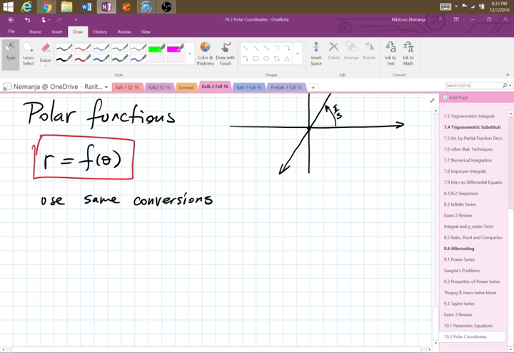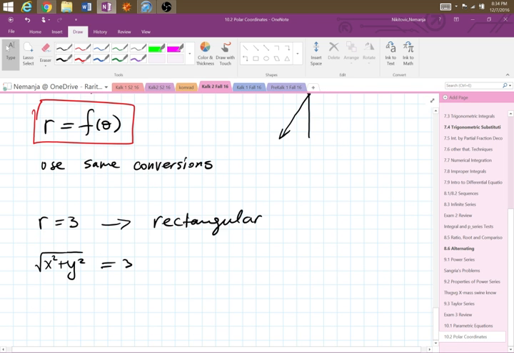So how do I convert the function r equals 3 into rectangular? Well, I know that r is the square root of x squared plus y squared. I plug that in, equals 3, and I just square both sides. Right? It's very cheap, actually. So we get x squared plus y squared is equal to 9, which we know is the circle with radius 3.